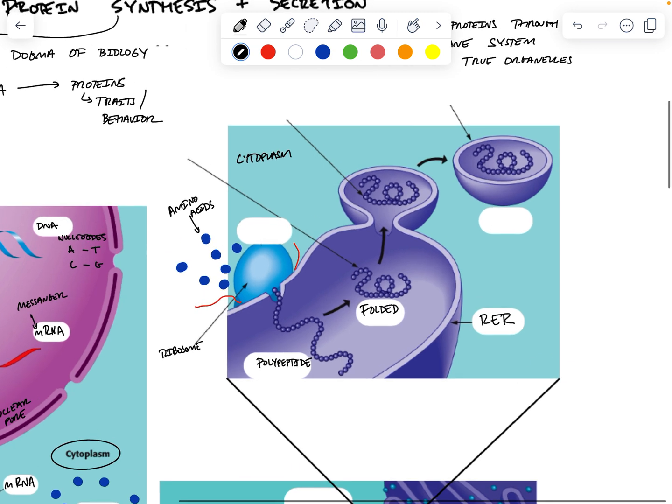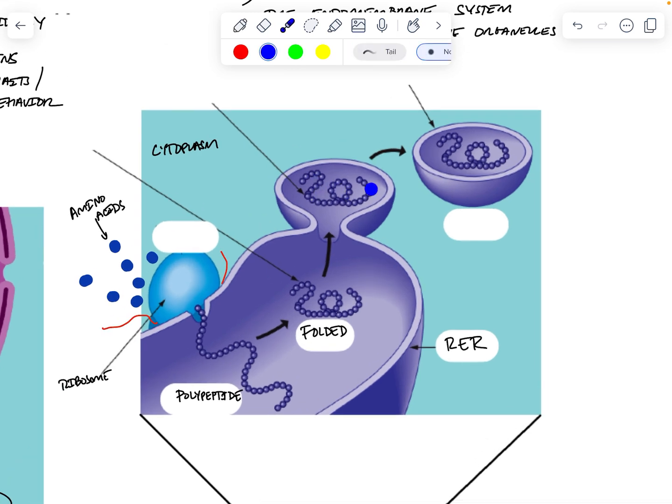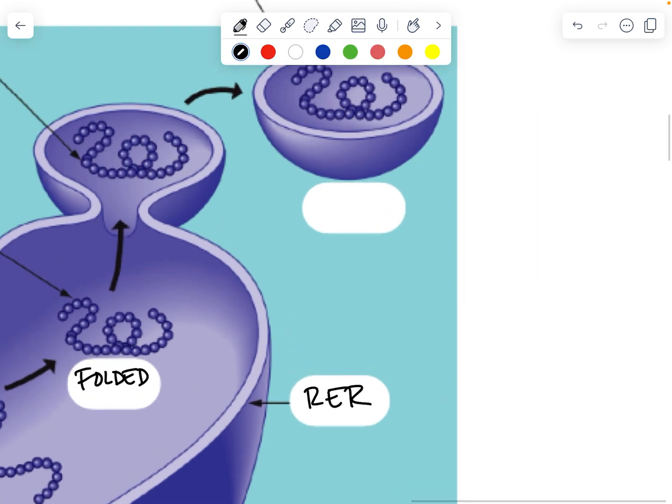And then a little piece of the rough endoplasmic reticulum is going to pinch off, still carrying the folded protein inside of it. It's going to become a vesicle, a transport vesicle.